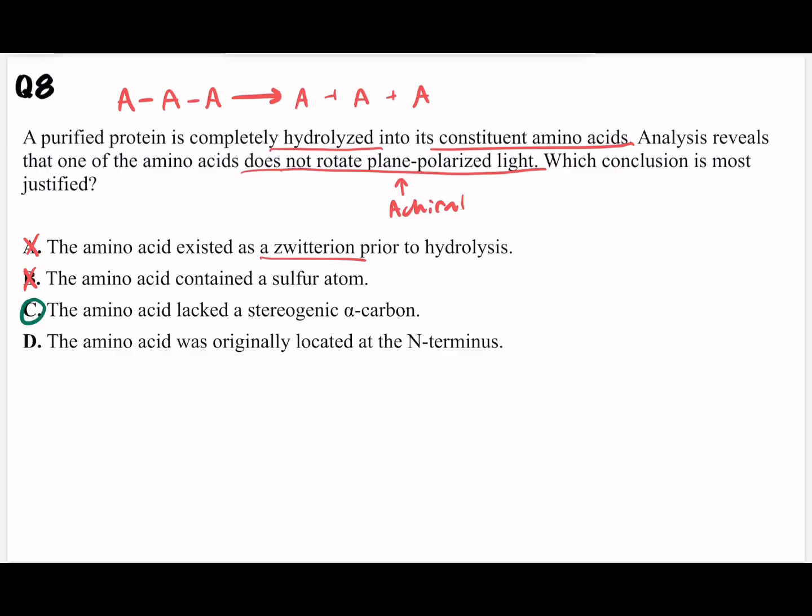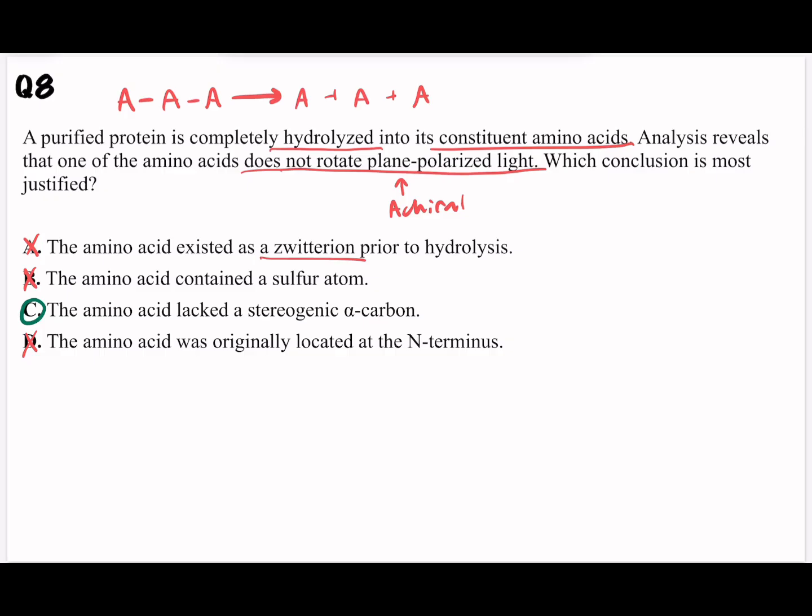That sounds reasonable. Let's keep that in mind. And then D, the amino acid was originally located at the N-terminus. Again, location at the N-terminus or C-terminus has nothing to do with whether something is chiral. So the answer choice we're left with is C, the amino acid lacked a stereogenic alpha carbon.